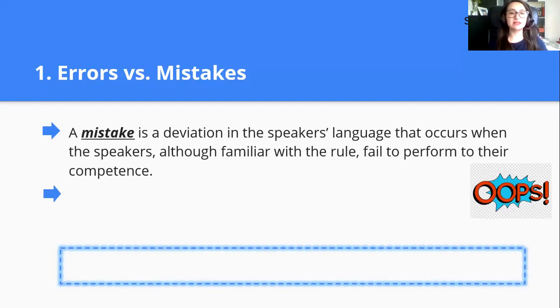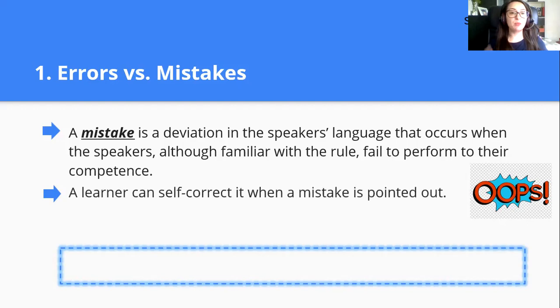It can be because they're careless during lessons. It could be due to lack of concentration. They're maybe exhausted, so that's why they make mistakes. In most cases, when you point out the mistake, the learner would be able to self-correct it. So that's the major difference between errors and mistakes.